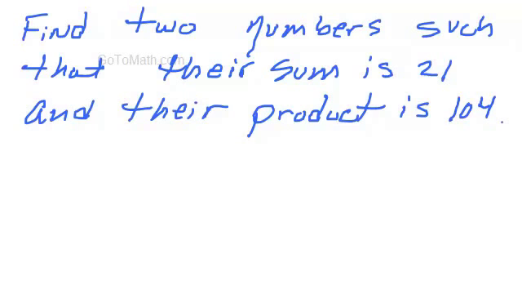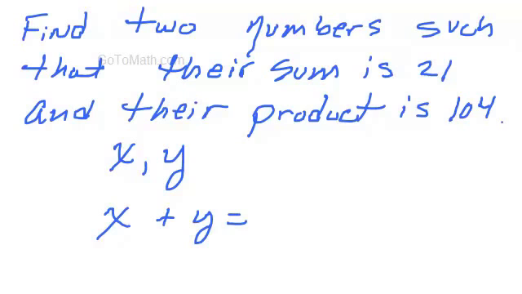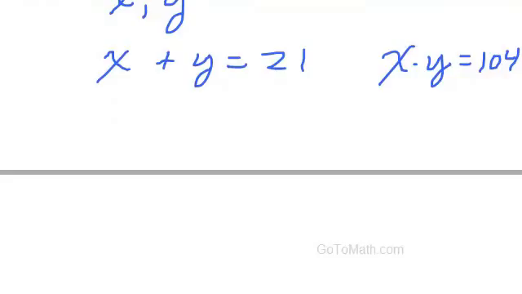I'm going to let the two numbers be, what do we want to let them be? X and Y. How's that? Okay, we'll let them be X and Y. So their sum is 21 and their product is 104. So we've got two equations, two unknowns.